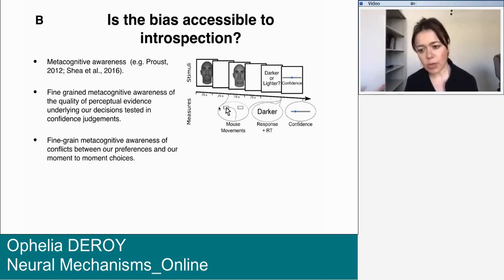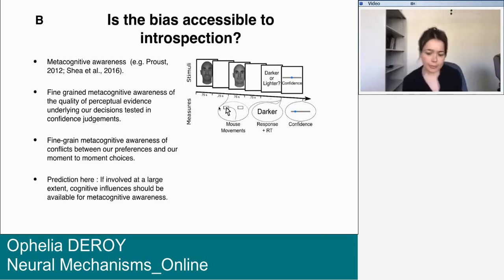So it seems that we're also capable of monitoring the conflict between our behavior and our higher level attitudes. Now, here, by encouraging the participants to reflect on their confidence, we thought, well, if there is any role that higher level cognition plays, then it should show up in terms of difference in confidence.